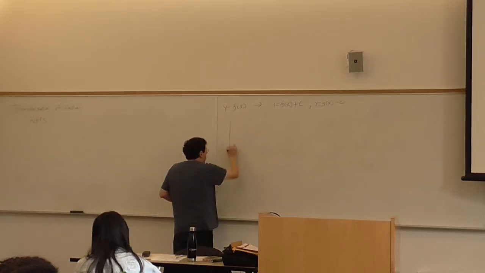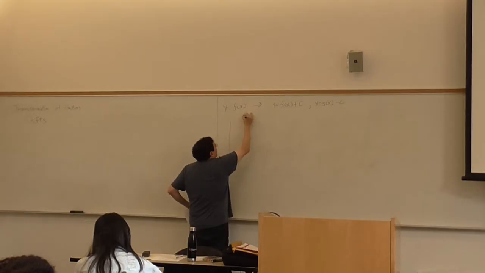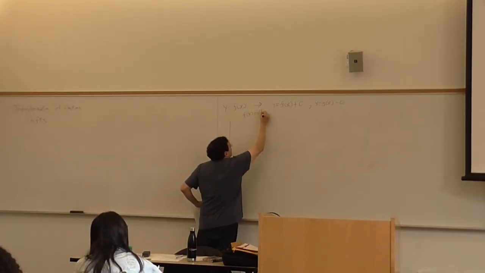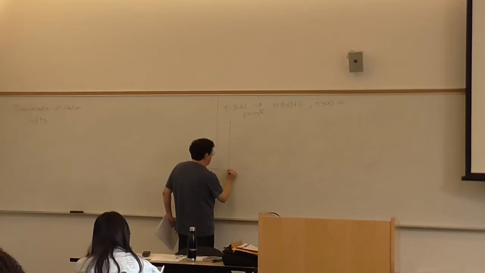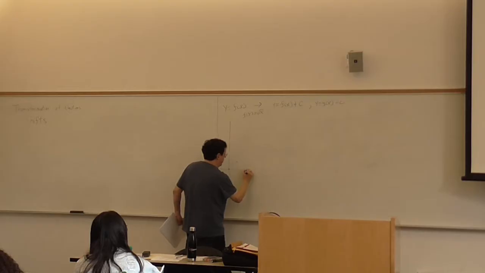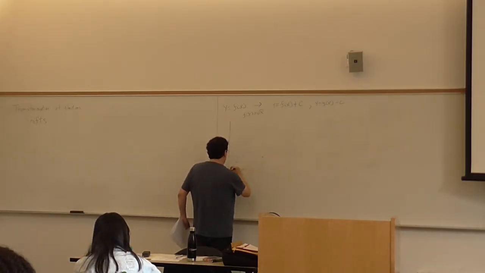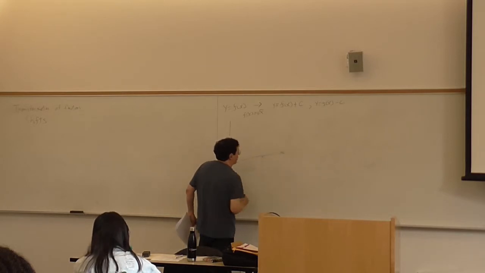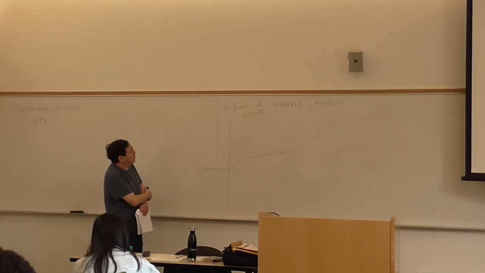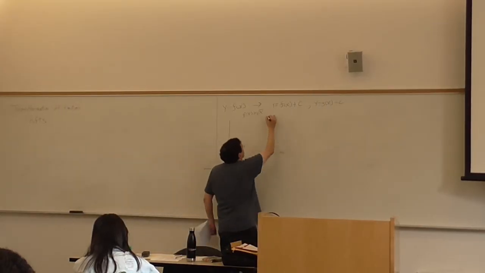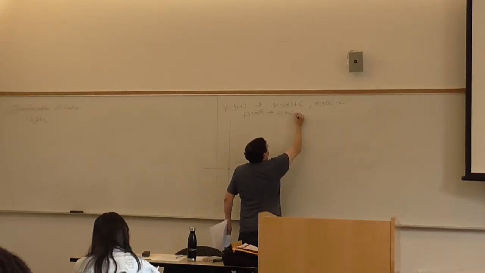So let's take a look. Let's take a look at the function f of x equals square root of x. Well, at 0 it's 0, 1 it's 1, 4 it gets up to 2, and it continues to rise. So let's see what happens if we now change this to f of x equals square root of x plus 3.